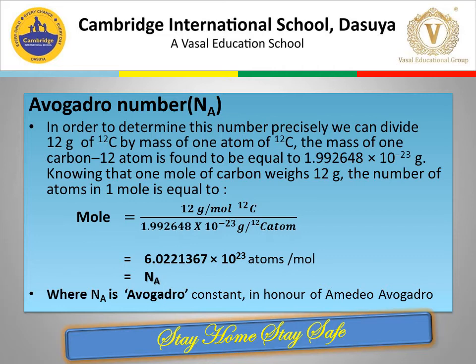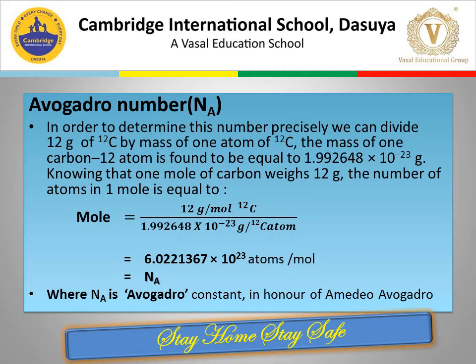Now dividing 12 gram by this figure, we get 1 mole. That means 1 mole is equal to 12 gram divided by 1.992648 × 10^-23 gram, and the figure that we get is 6.022 × 10^23 atoms per mole.